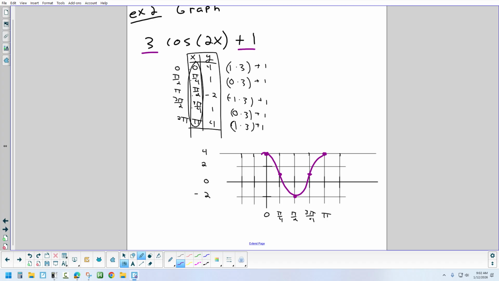The fancy name for this point that I just did in blue, and this point in blue, is called an inflection point. It's the part of the graph where the curvature switches. There's two types of curvature to a graph: concave down, and concave up.